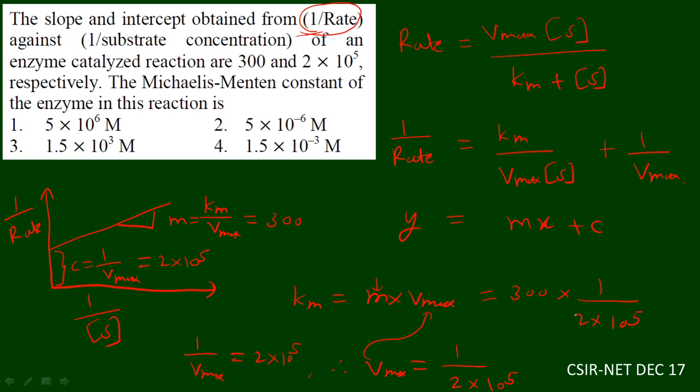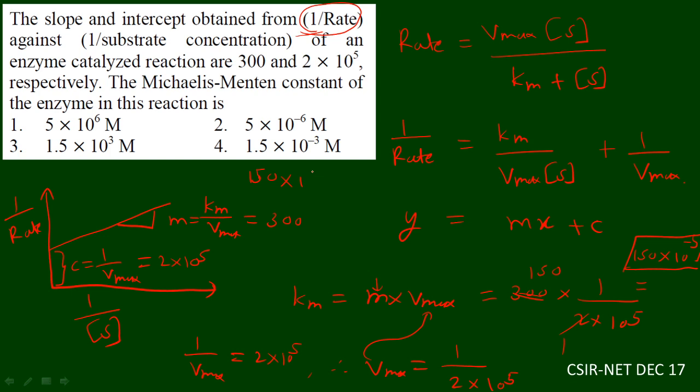This becomes 150 into 10 to power minus 5. Now see the options. 150 into 10 to power minus 5 seems to be the fourth option.